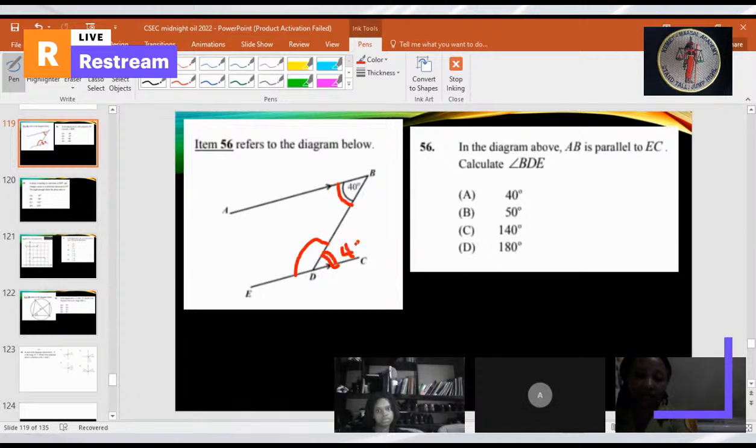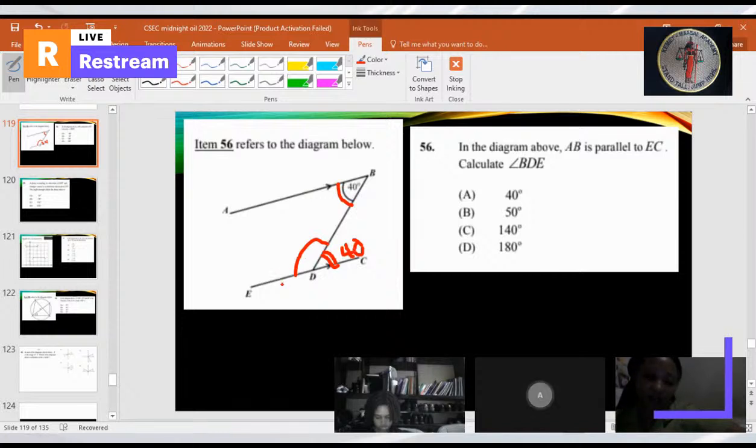All right. And they want this one. But why are these the same? It's on the Z angle. So it's alternate angles or Z angles. Alternate angles are equal. So if we know this is 40, what's this then?